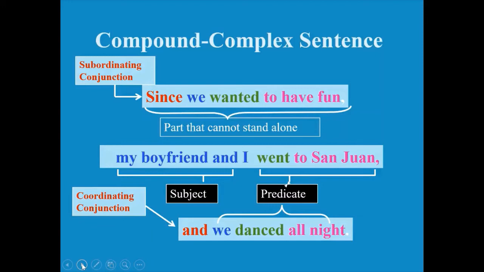Now, as you can see, since we wanted to have fun, up to there, this is the dependent clause, which starts with a subordinating conjunction.